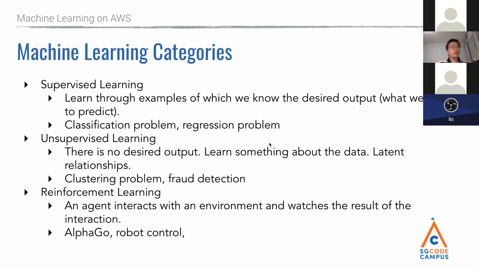But there are two more categories. Okay, by contrast to supervised learning, there is an unsupervised learning. So unsupervised learning means there is no desired output. You just look into the data and perform some task according to your own metric.